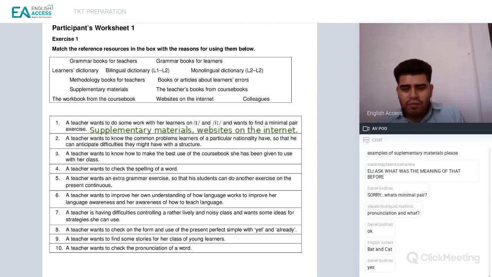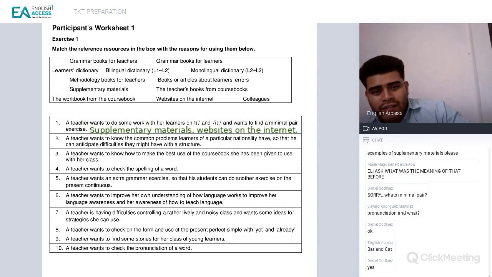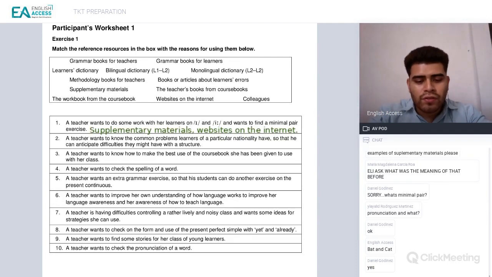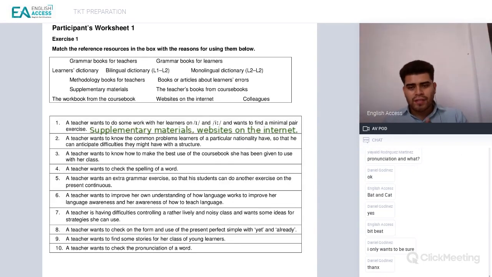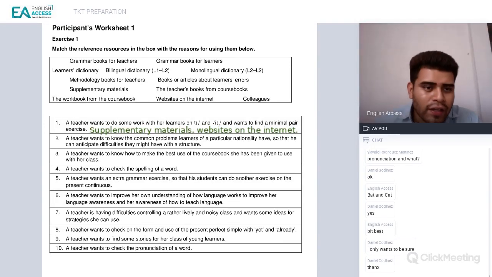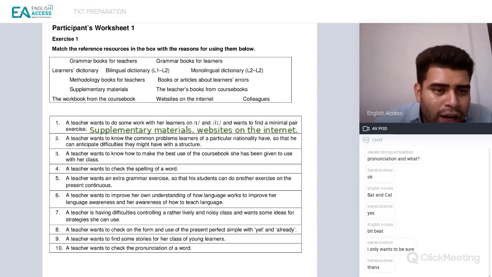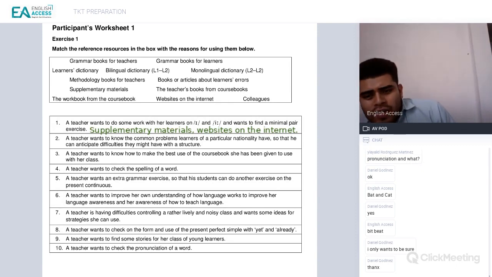The B changes for K. Only one sound changes. Now, in this case, they want to do the I and the E. So one example could be bit and eat, because the B and the T sound are the same. Okay? Great. And let's see. Eli, you're good?